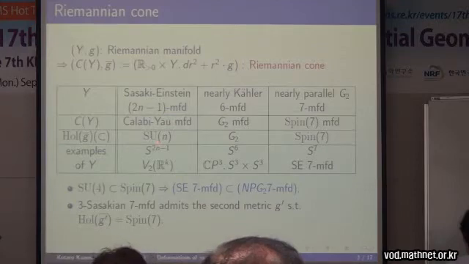Next, we assume that the Riemannian cone is a G2 manifold.